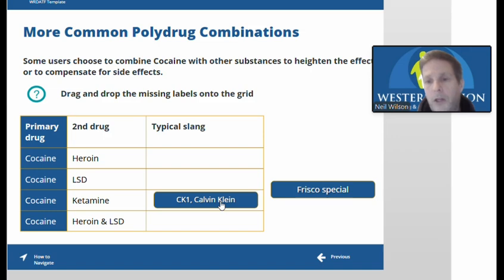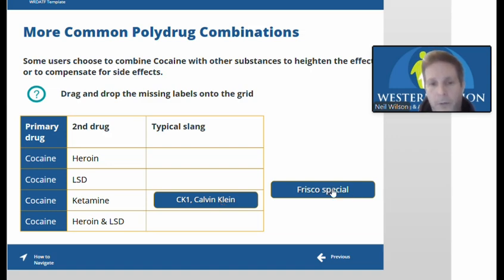So you've got a hallucinogenic, a dissociative in this case, and a stimulant at the same time. Because sometimes people are looking for a variety of effects rather than just a straightforward stimulation of cocaine, or it may be to compensate for some of the effects that they see from the product.